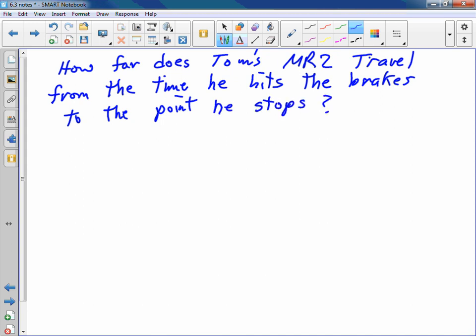Okay? So, how far does Tom's car go from the time he hits the brakes until it stops? So we did the acceleration. Now we can do distance.